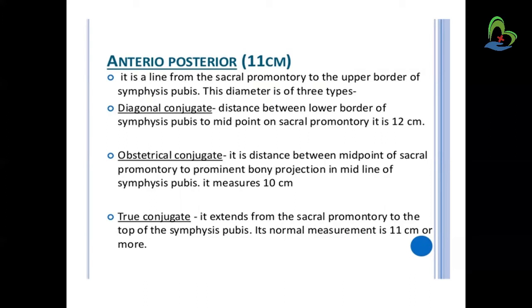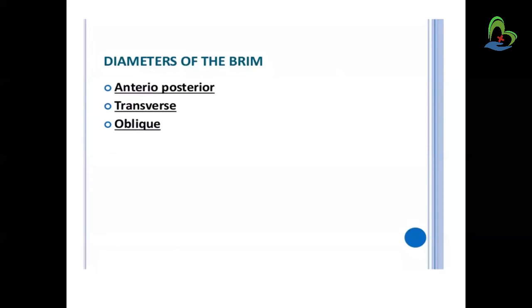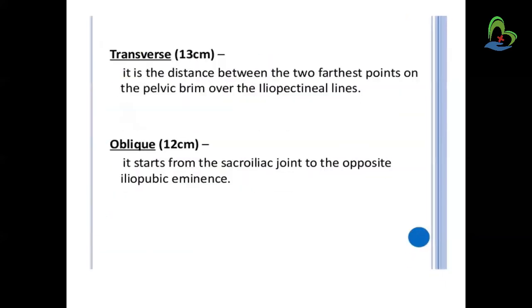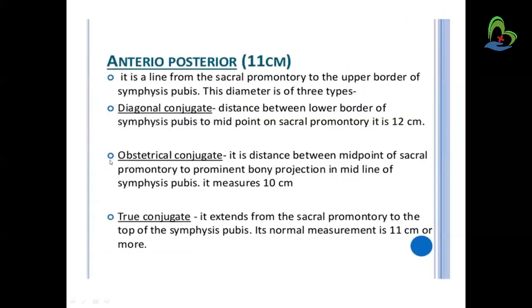There are three types of diameter in the anterior posterior diameters: the diagonal conjugate, obstetric conjugate, and true conjugate. The diagonal conjugate is the distance between the lower border of the symphysis pubis and the midpoint of the sacral promontory.